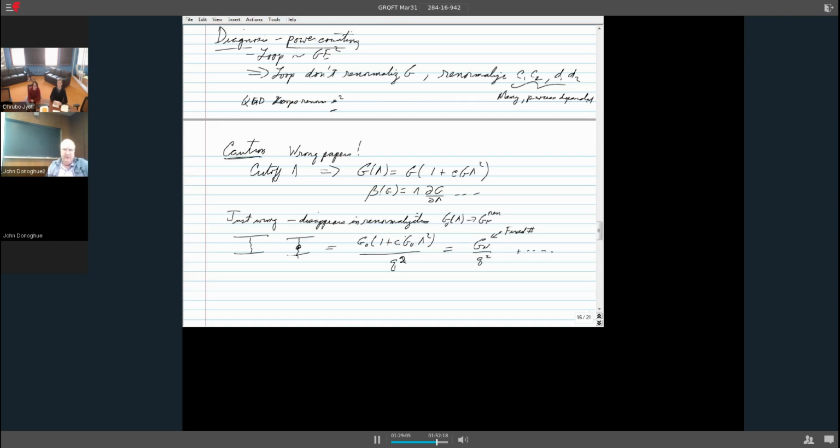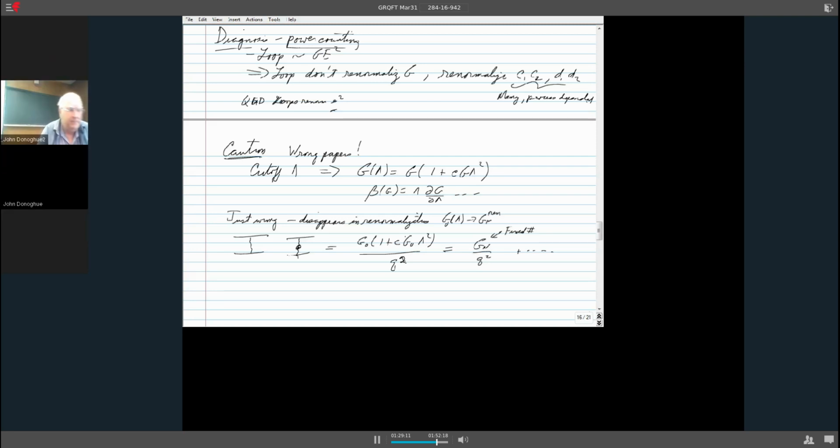The coefficient of 1 over Q squared in the scattering amplitude is just G Newton over Q squared. G Newton is a fixed number. And lambda disappears. So G0 of lambda just turns into the G Newton renormalized.